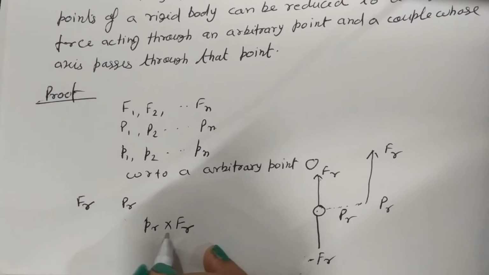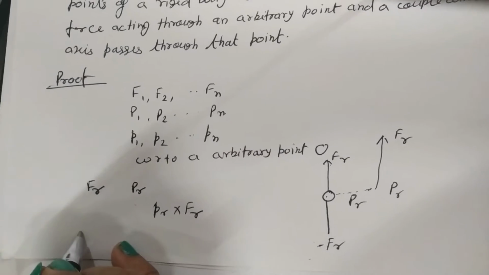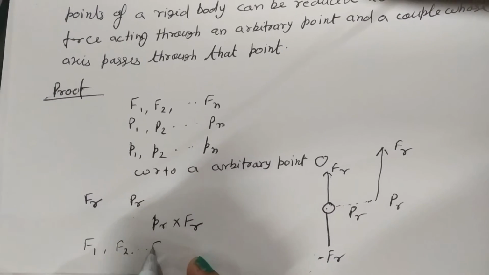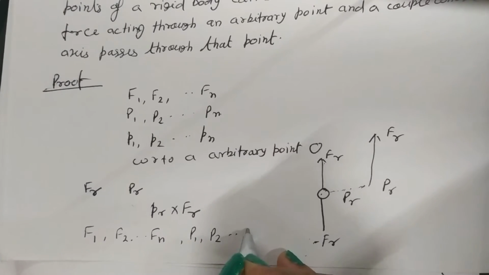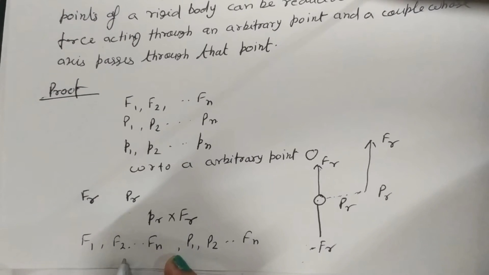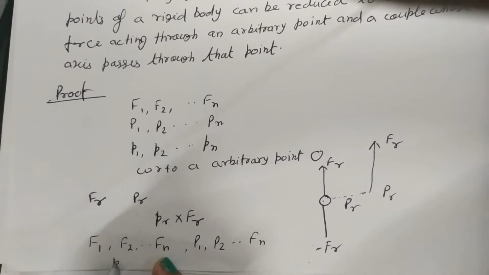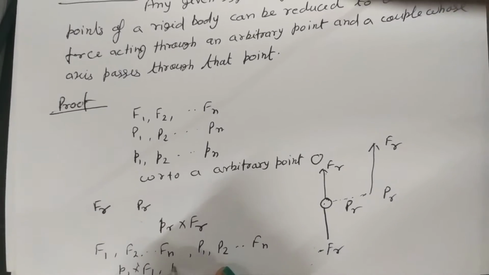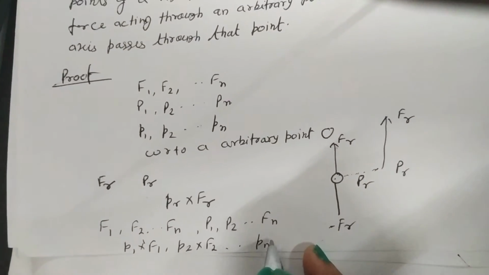So the force FR at PR can be taken as a force FR and a couple. Similarly, the forces F1, F2 up to Fn acting at points P1, P2 up to Pn are equivalent to the forces F1, F2, Fn at point O, and couples of moments P1 cross F1, P2 cross F2 up to Pn cross Fn.